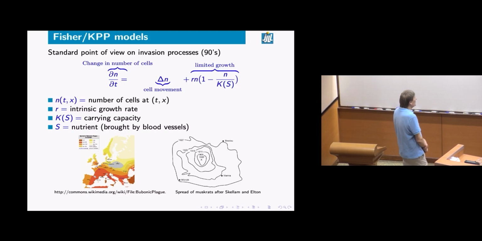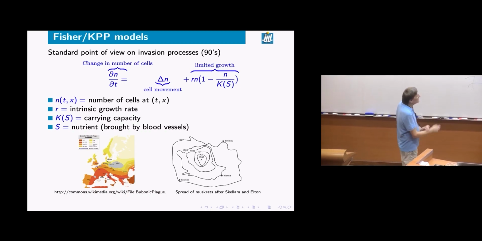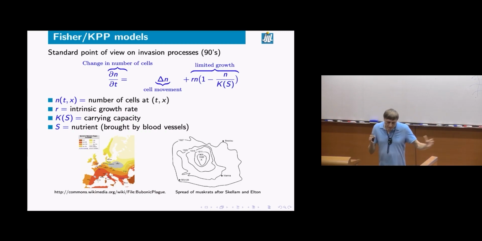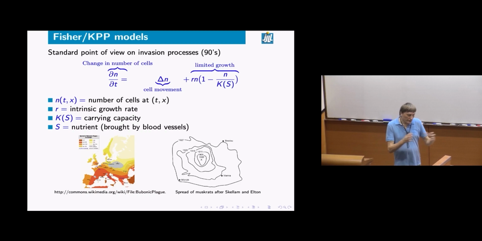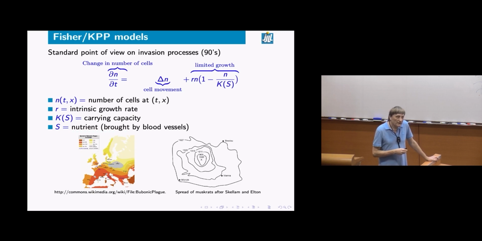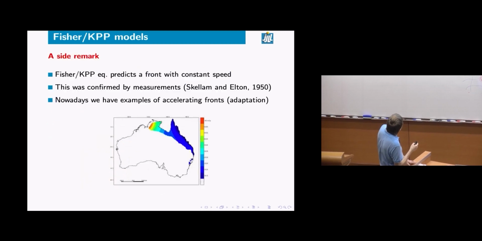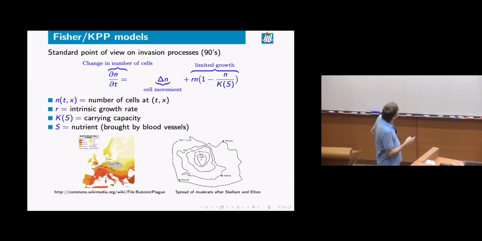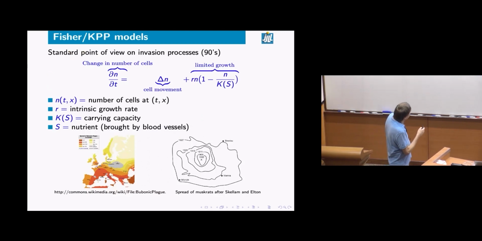Not only is it very well known in terms of mathematics, we know that it represents a growth of an invading species, but we also know that it gives these fronts which are propagating.